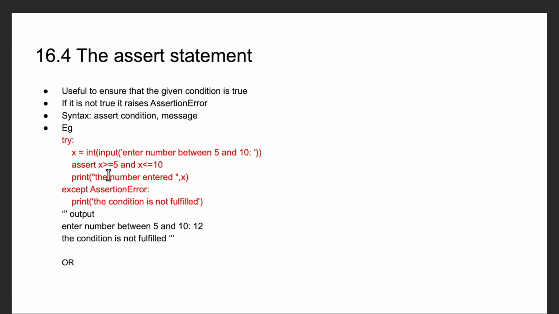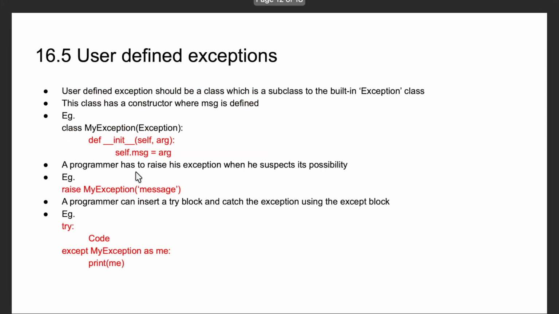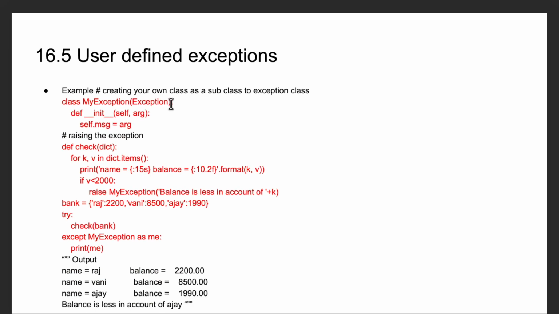For example, we can assert that the x value given by the user should be between 5 and 10, and if it is not between 5 and 10, then we will have an assertion error. The user can also define errors.